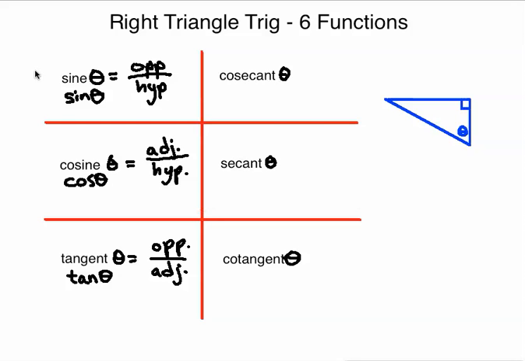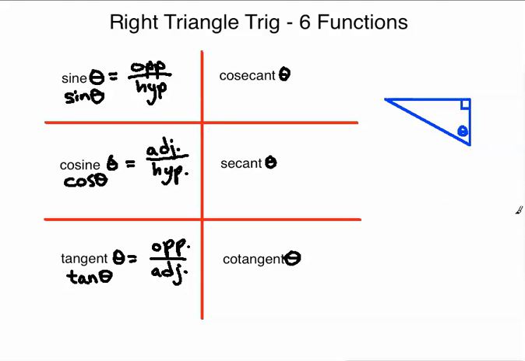Alright, so the first thing you learned was about sine, cosine, and tangent, and that if you remember SOHCAHTOA, you can figure out the ratio of two sides of a right triangle. So if we have cosecant, that is related to sine.